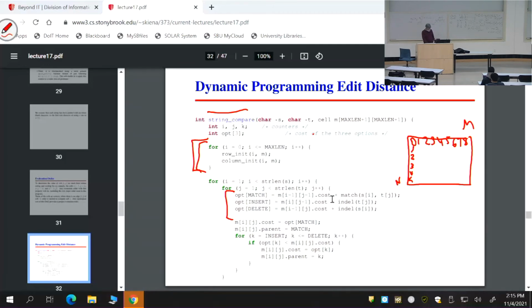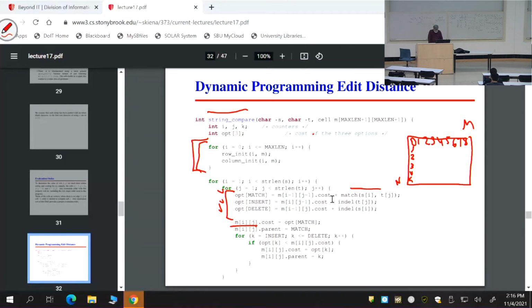In general, what am I going to do? In order to fill up M sub ij, what do I need to know? I need to know the best cost I would get to edit the first i characters into j characters, where I end on a match, an insert, or a delete. Ending on a match cost what?